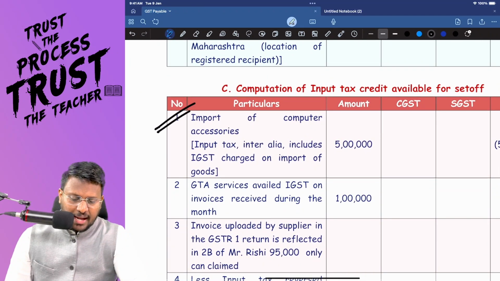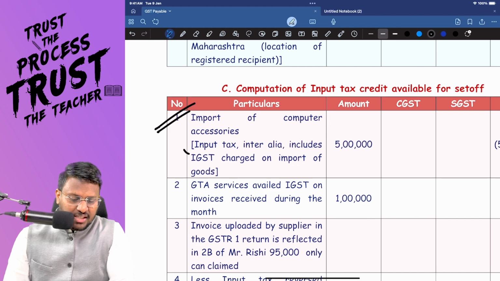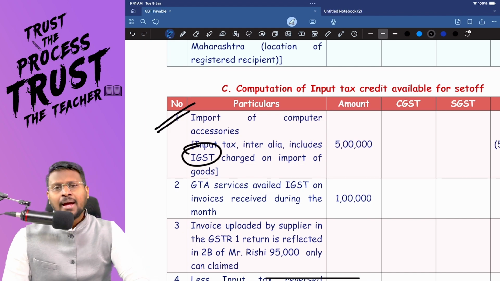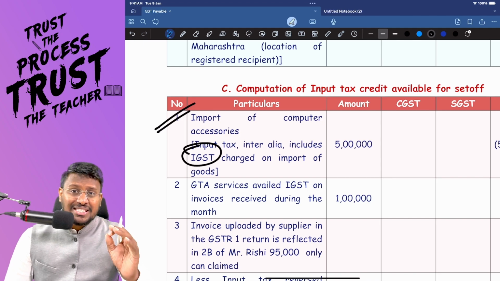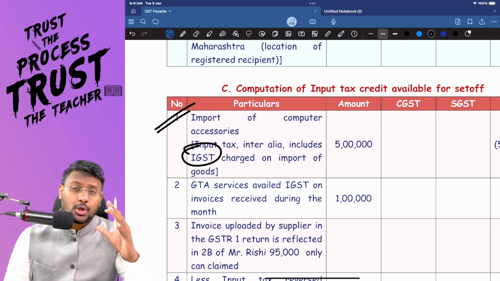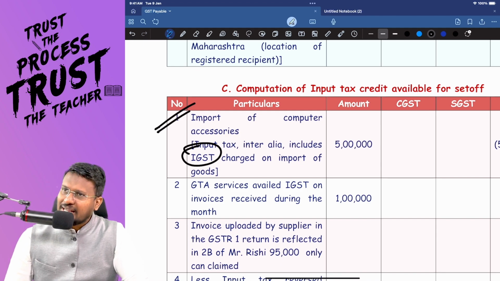Import of computer accessories. Input tax inter alia includes IGST charged on import of goods, right? Once you are importing any goods, as per section 3 subsection 7 of the Customs Tariff Act, you are liable to pay IGST. That IGST can be taken as ITC.